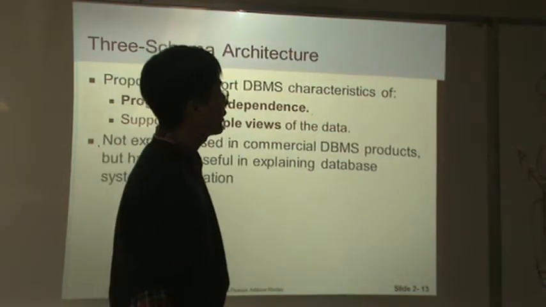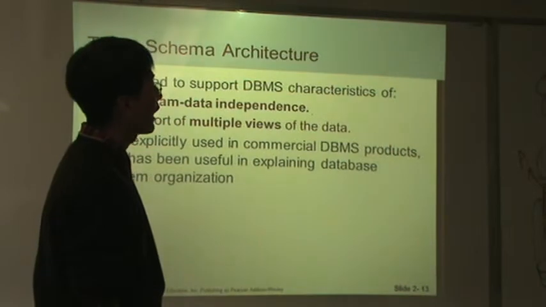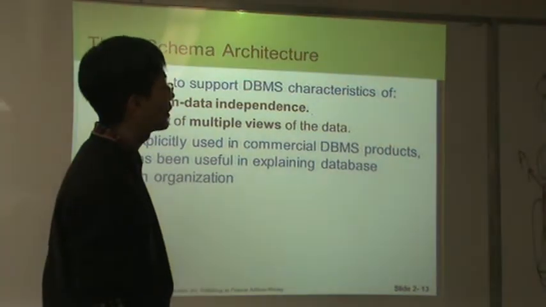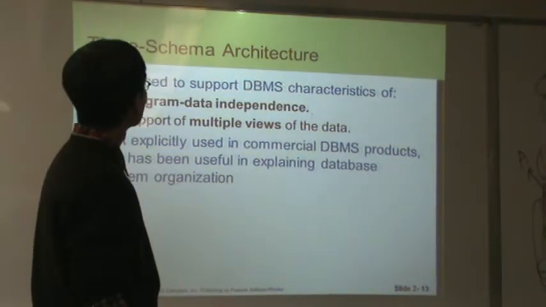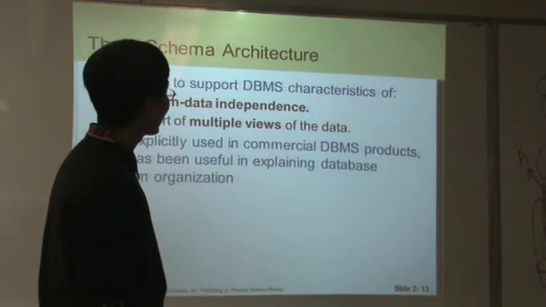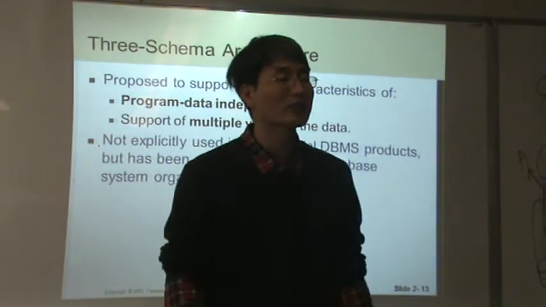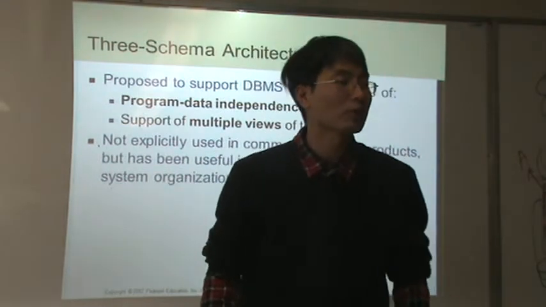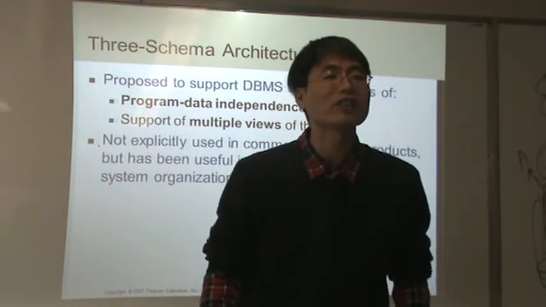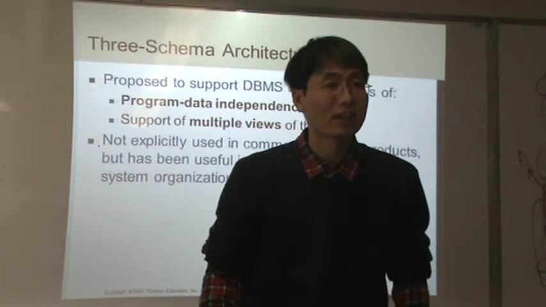By summarizing the ideas and beneficial characteristics of the DBMS, we can define the three schema architecture in the database model. Actually, this is not my idea, and not the idea of the author of this textbook. It's the ANSI standard.